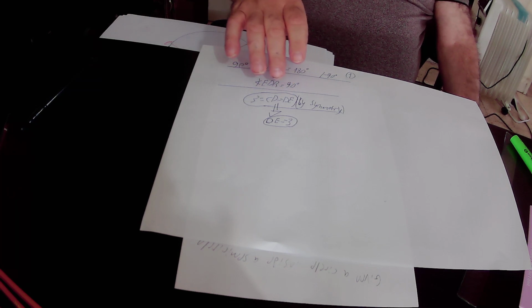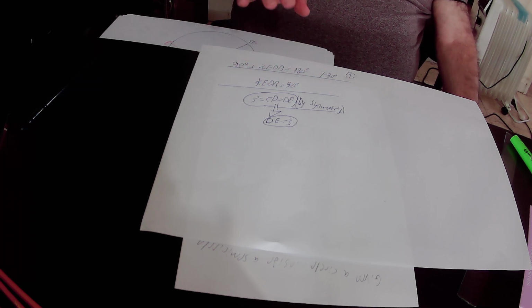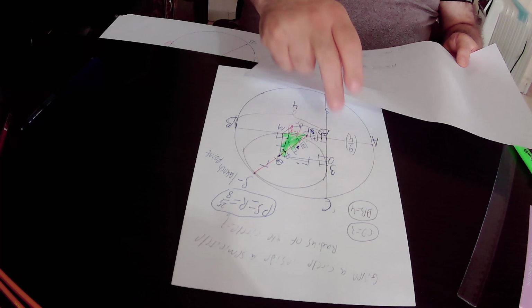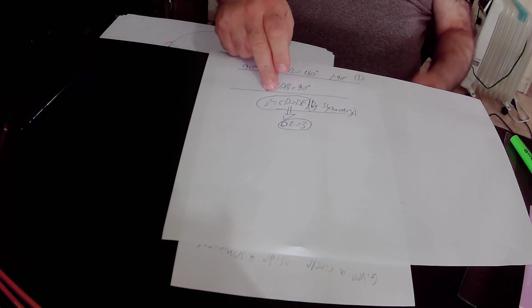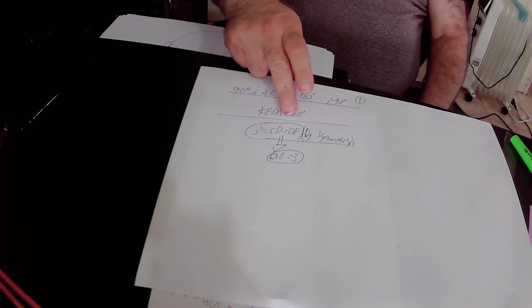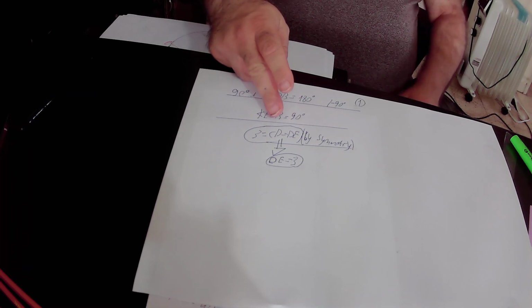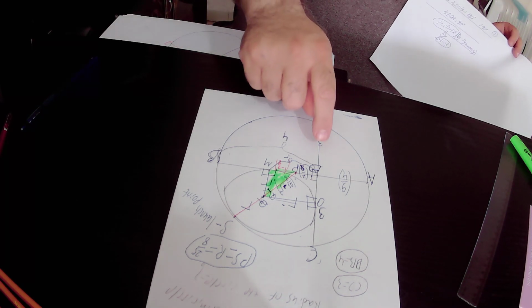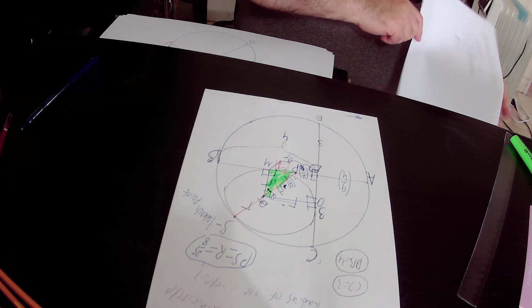That is to say, DE equals CD by symmetry. Okay, but it is given in the question that CD equals 3 units. So we can write here that CD equals 3 units, and from the equation 3 equals CD equals DE, we derive that line segment DE also equals 3 units.